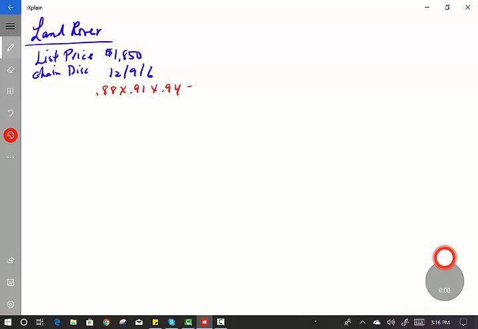And that will give me a net cost equivalent of 0.752752. Multiply the net cost equivalent times the list price of $1,850, and that will give you the net price of $1,392.59.